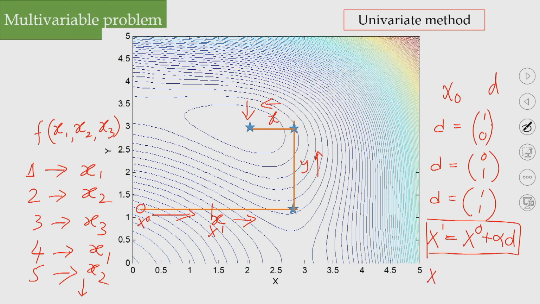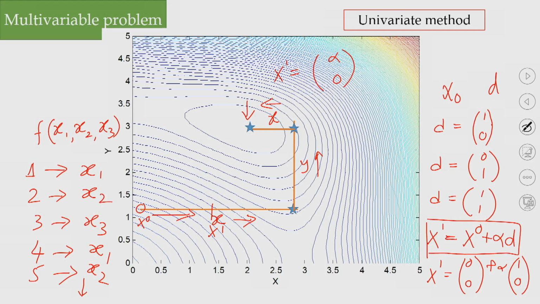Suppose my x naught is 0 0, and d is 1 0. That means x 1 equals alpha and 0.